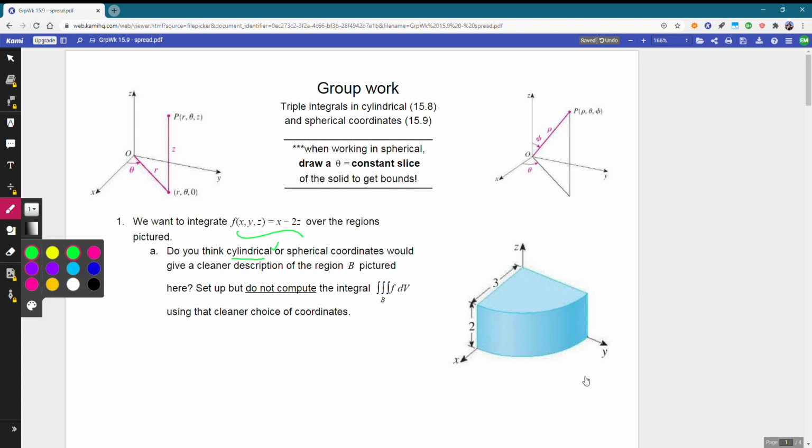cleanest. And so if we want to think about which variable to move first, either x, y, or z, to me, I'm thinking about moving z first. So if we pick a particular x, y underneath this thing and move in the z direction, we're going to be starting at z equals 0, and then moving up, and then coming out at the top at z equals, it looks like the vertical stretch is 2.